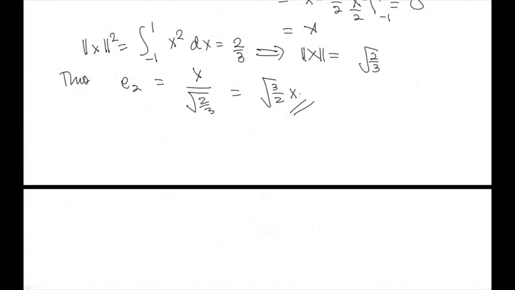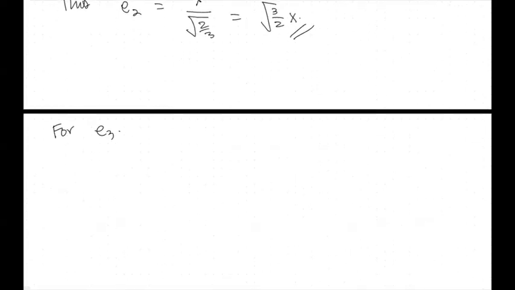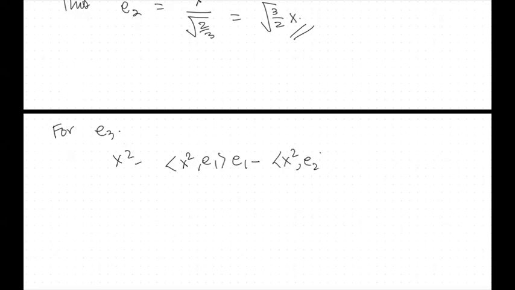And lastly, for our E sub 3, how do we compute for E sub 3? First, we get x squared minus the inner product of x squared with E1, times E1, minus the inner product of x squared with E2, times E2.